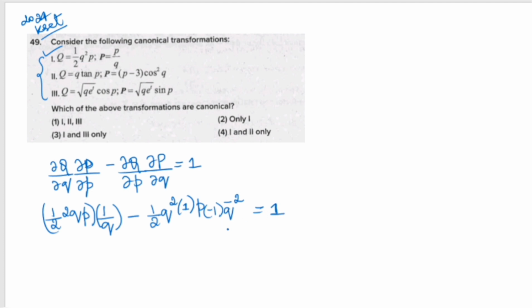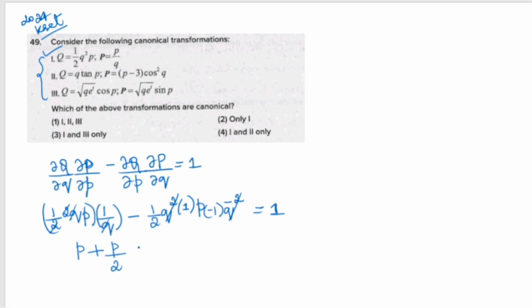We shall see whether LHS is equal to RHS or not. q to the power of 2 gets cancelled, q gets cancelled. What is remaining here? p is remaining. Minus of, see here, q square and q to the power of minus 2 get cancelled. Minus of minus will be plus. What is remaining? p by 2 is remaining.